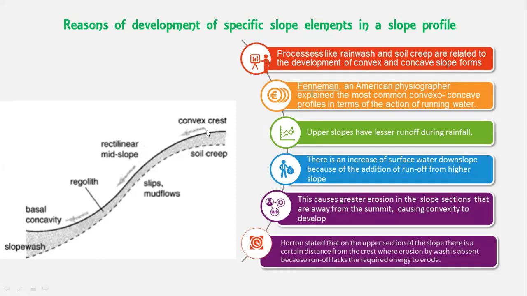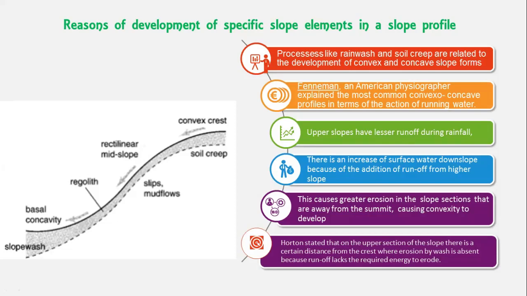What is this shape? This is a convex shape. Similarly, more and more inward erosion leads to this concave shape. So this is all about rainwash, erosion, and soil creep.